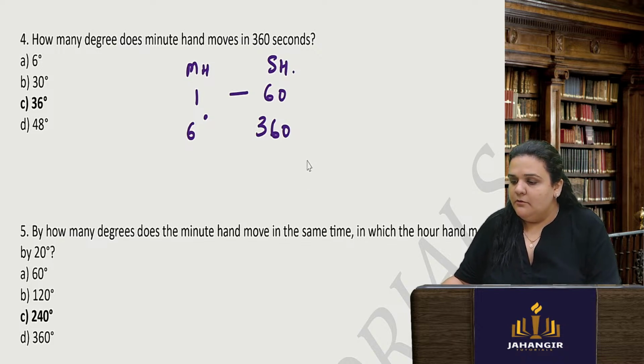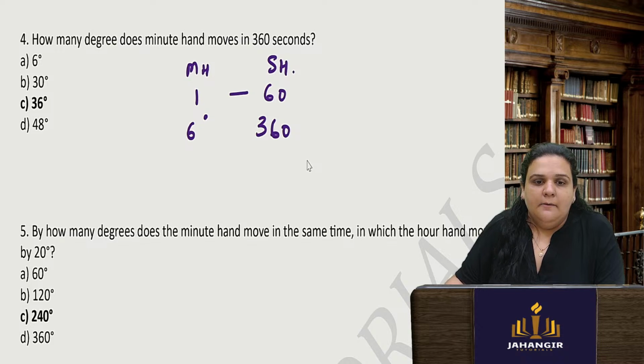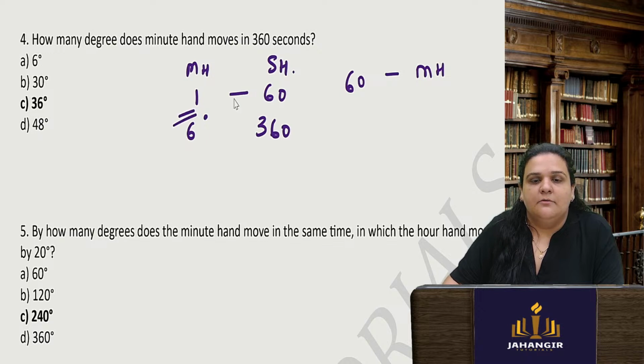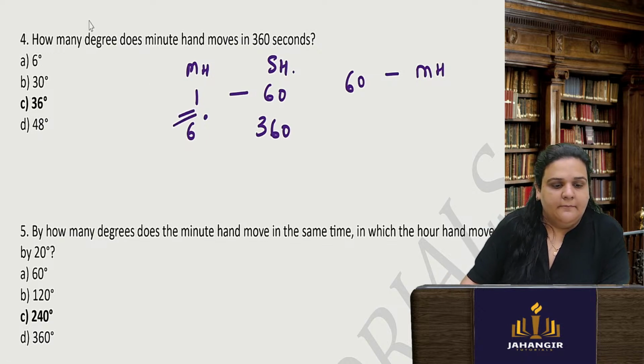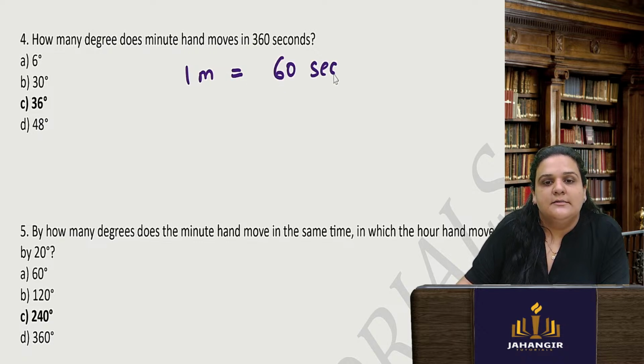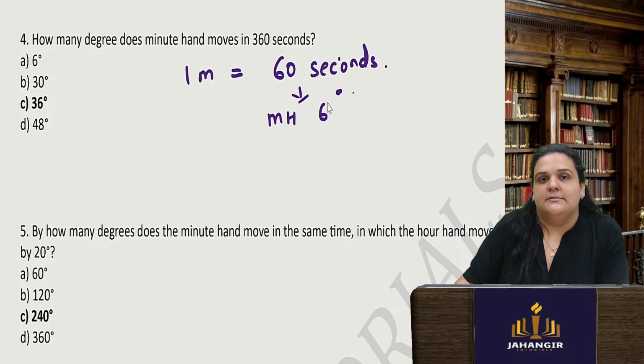In 60 seconds, the minute hand is going to move... 1 minute means 60 seconds. 1 minute is equal to 60 seconds, and in that the minute hand moves by 6 degrees.